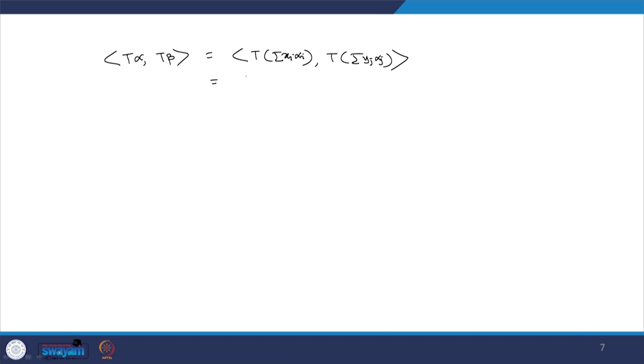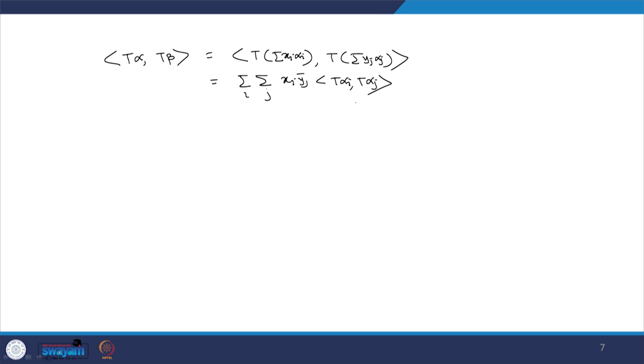So, this will be sigma over i, j of xi yj bar times inner product of T alpha i and T alpha j.